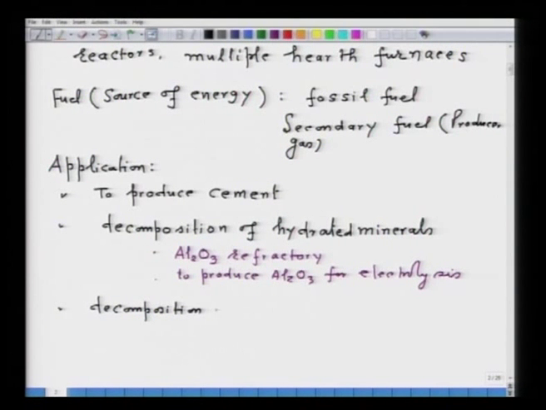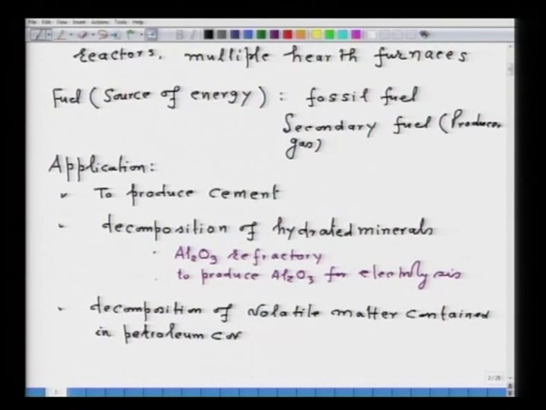Decomposition of volatile matter which is contained in petroleum coke. Another application could be heat treatment to affect phase transformation.